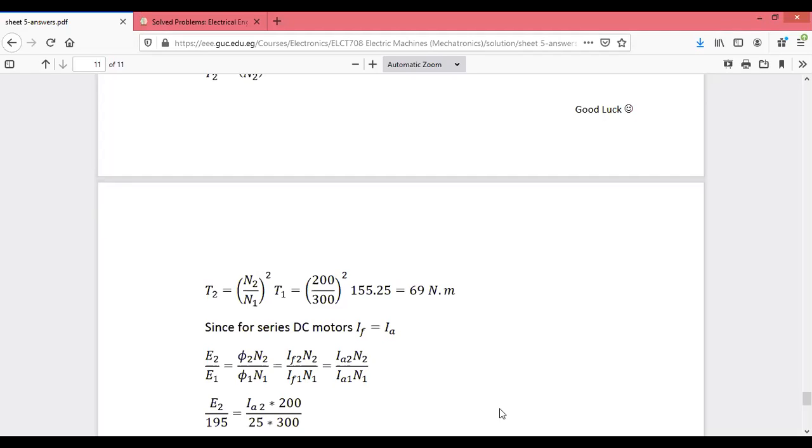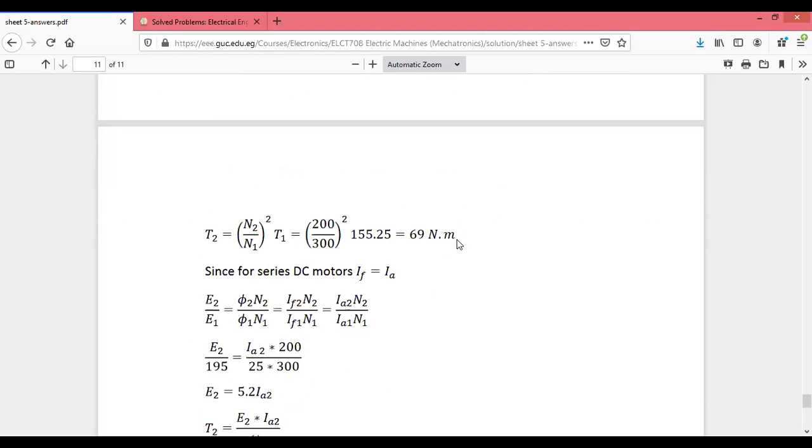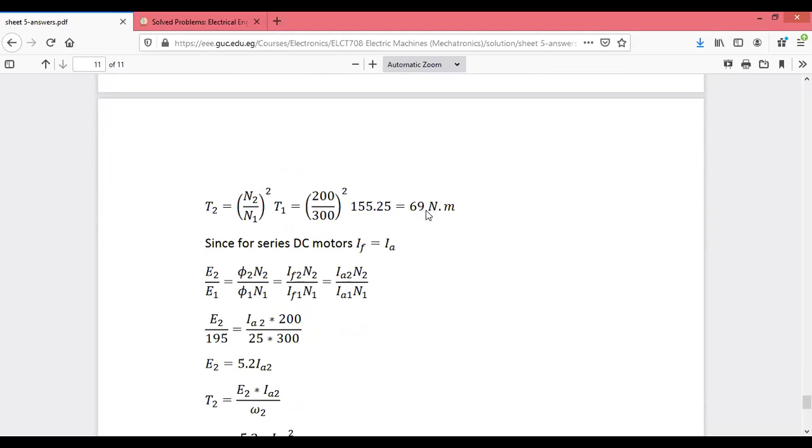So here, you can see we are taking the values for N2 and N1, and we have the value of torque that we just derived here, 155.25. When we put all these values in, you will get the value for tau 2.